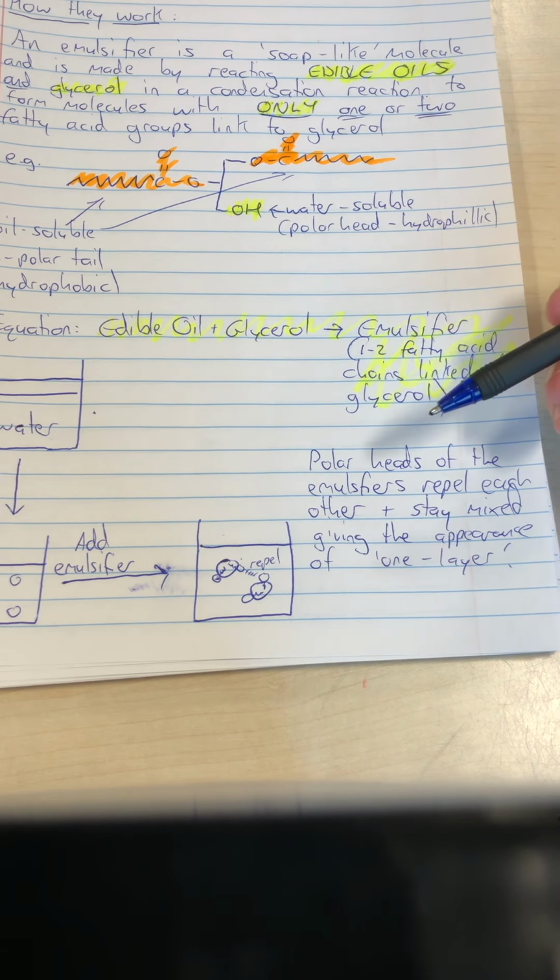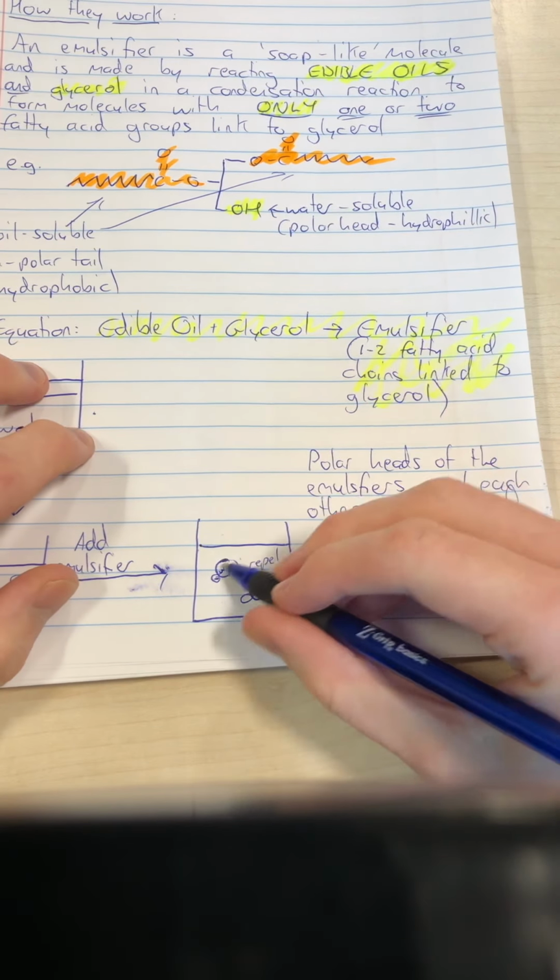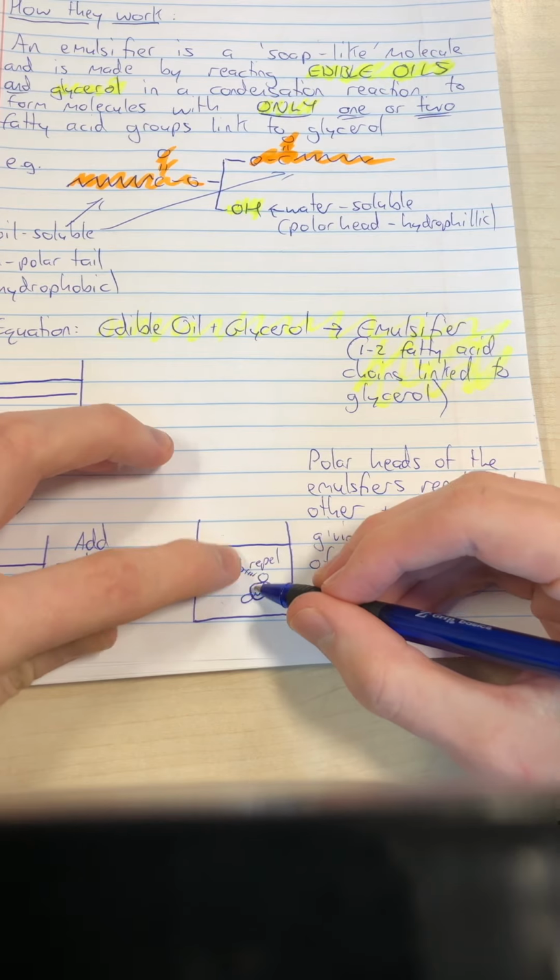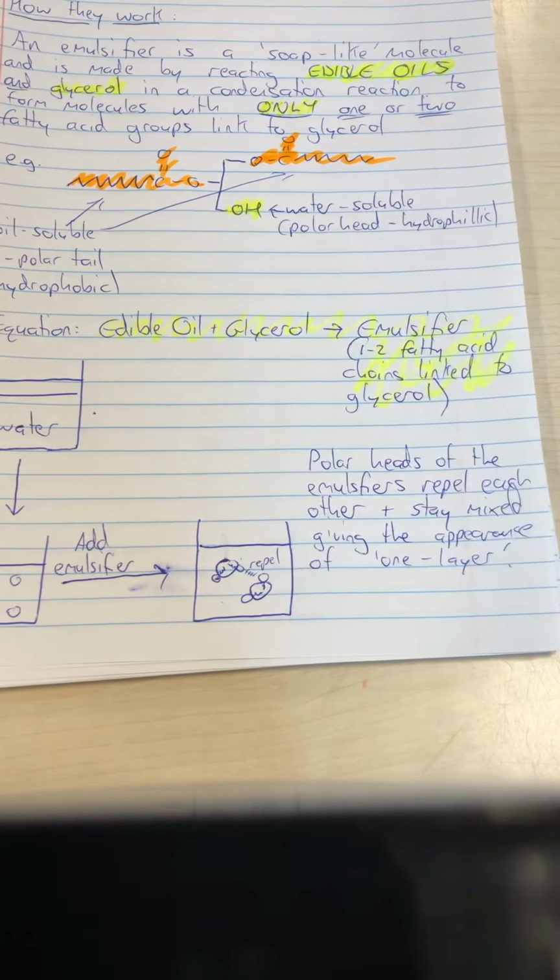Now, obviously, tomato ketchup does have a shelf date. If we leave it past that, the emulsifier starts to break down, and the minute it breaks down, it goes into the immiscible layers, and that essentially ruins the emulsion.